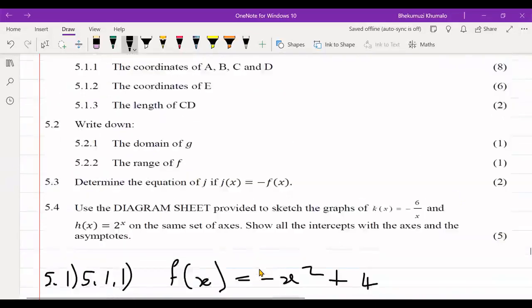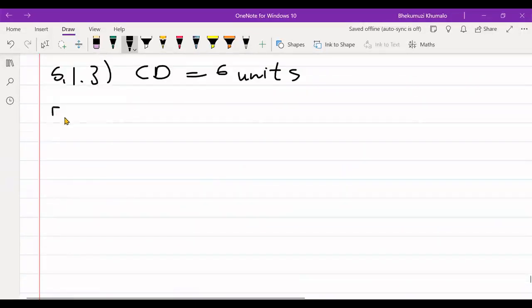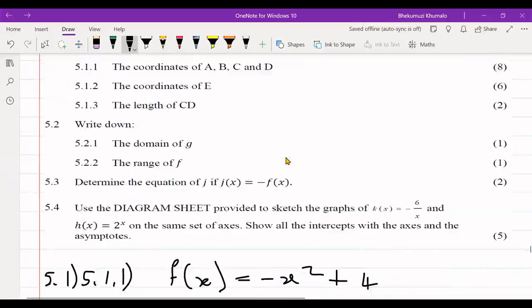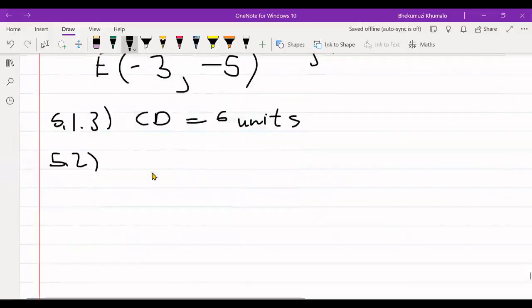Okay, the next one, 5.2. And my fingers are tired now. So 5.2.1 says the domain of G, right? Now, what is a domain? Remember that a domain is basically all the numbers.